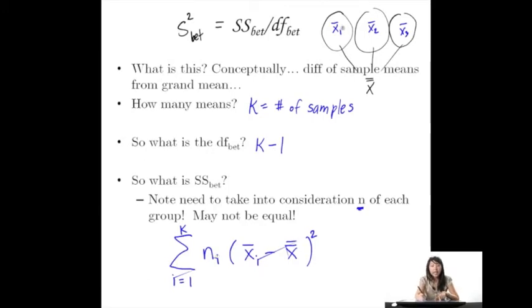So if this guy has a lot of data points, he should get more votes. His difference from the grand mean should count more than this guy's difference, right? And so that's what we get by multiplying by n. If n is very large, this distance is going to count a lot. If n is very small, this distance is not going to count as much. And this is the sum of squares between.